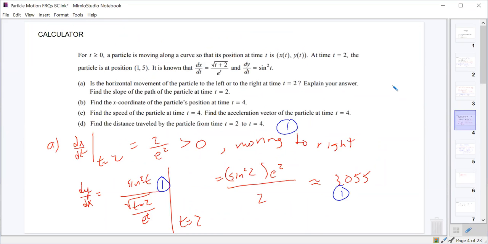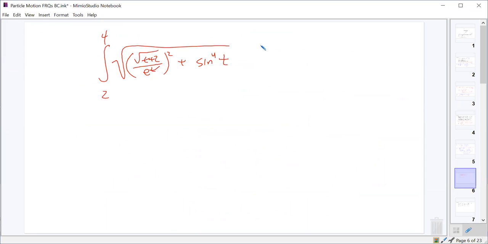Yeah. dt, and that comes out to be 0.651. Everybody okay with that? 1 point for the integral and 1 point for the answer itself. Any questions on that one?